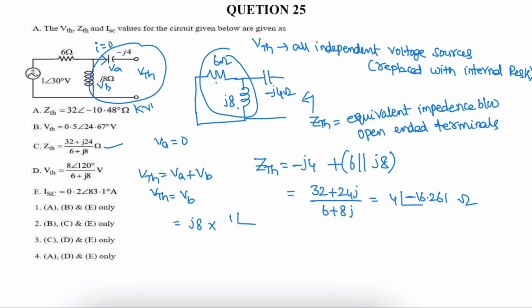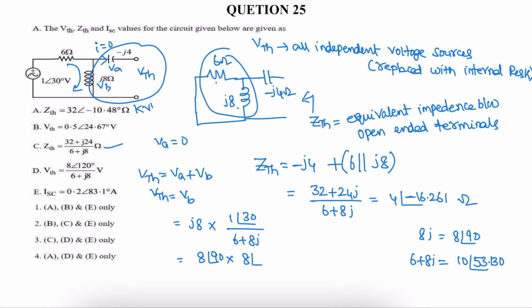So VTH is j8 ohms multiplied with source voltage Vs, 1 at angle of 30, divided by total resistance 6 plus 8j. 8j can be written as 8 at an angle of 90, and 6 plus 8j can be written as 10 at an angle of 53.13. So 8 at an angle of 90 multiplied with 1 at an angle of 30, by 10 at an angle of 53.13, gives 8 at an angle of 120 by 10 at an angle of 53.13.